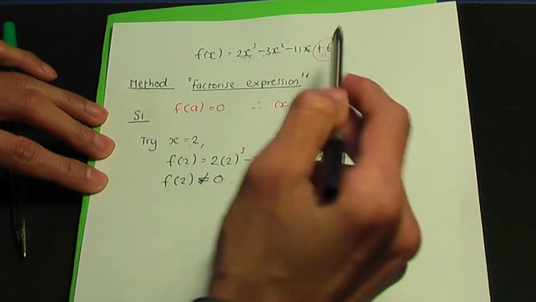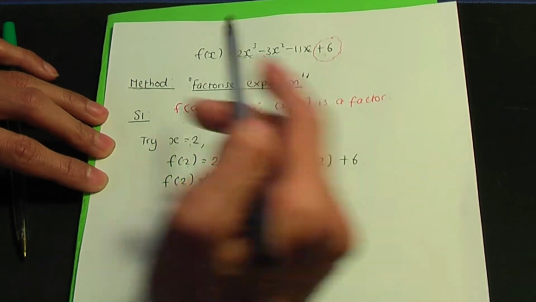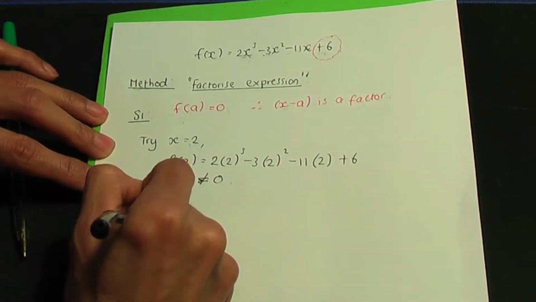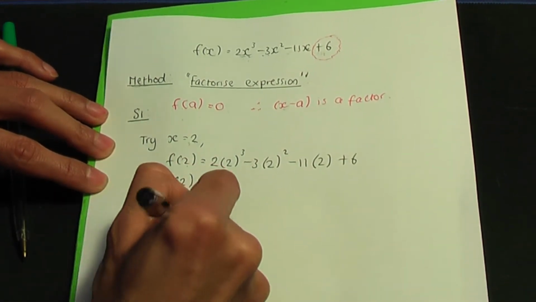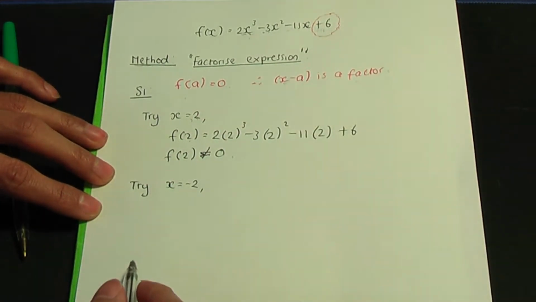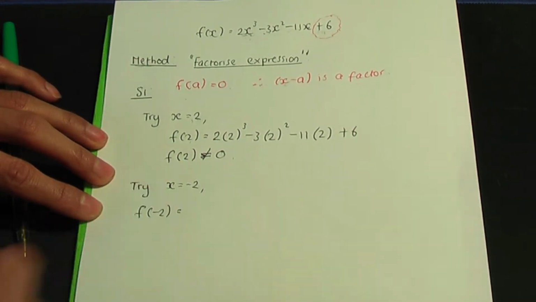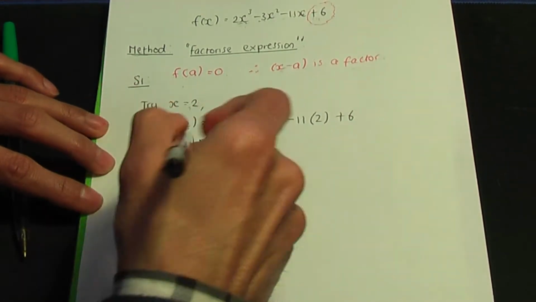Remember what I said, you can try positive or negative factors of plus 6. So now I'm going to try x is minus 2. Minus 2 is a factor of plus 6. If I calculate f of minus 2, let's keep our fingers crossed.